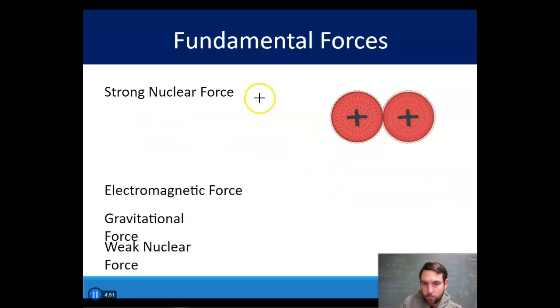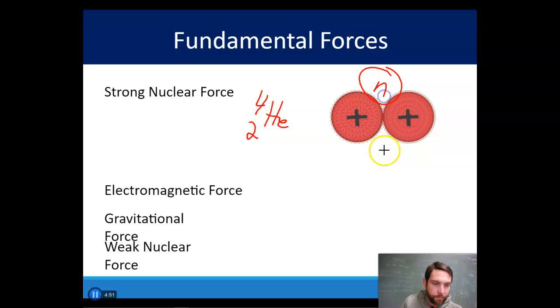Now, of course, in that helium nucleus, we also have 2 neutrons here, right? So there's our complete nucleus right here. Well, why is it 2 neutrons? What happens if there are 3 neutrons or 8 neutrons?